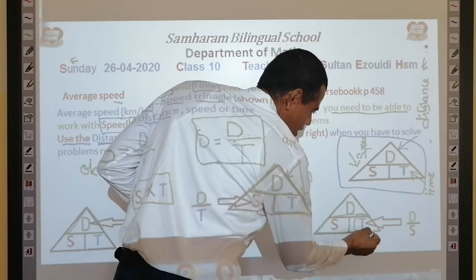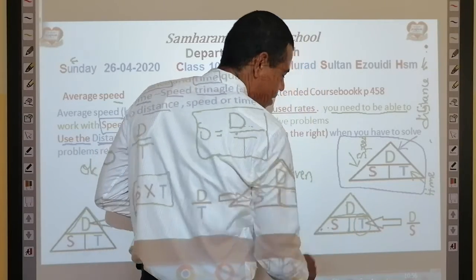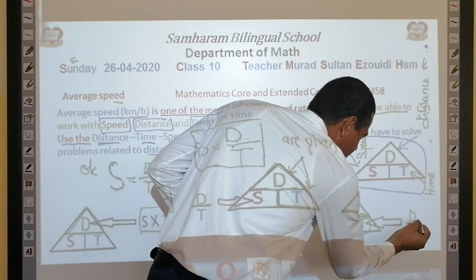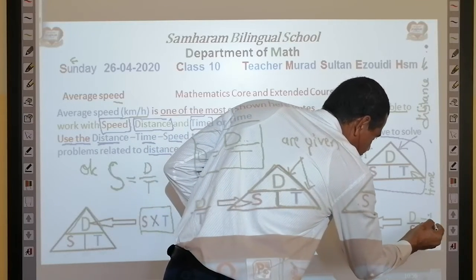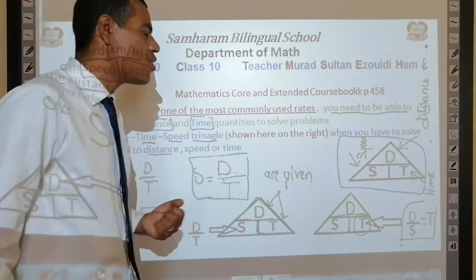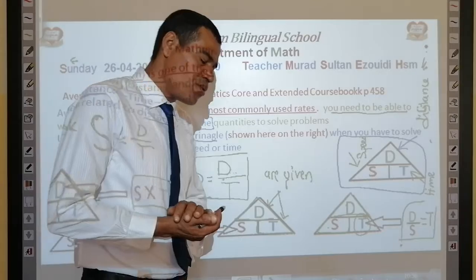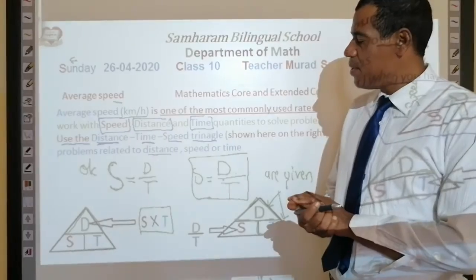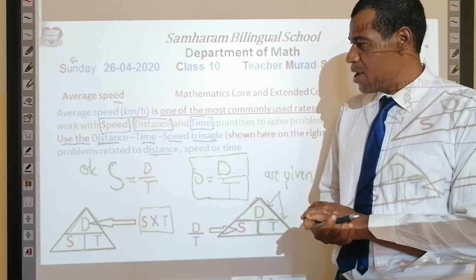So d over s is equal to the time. This is the relationship between the three variables: distance, speed, and time.